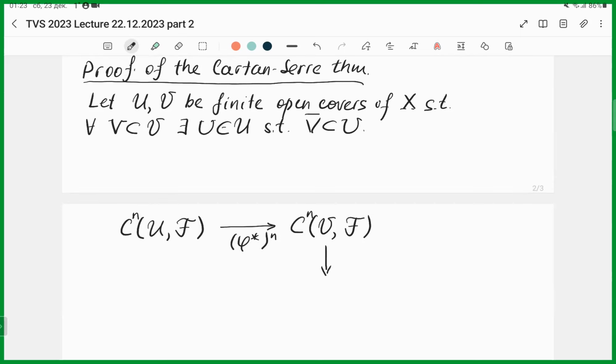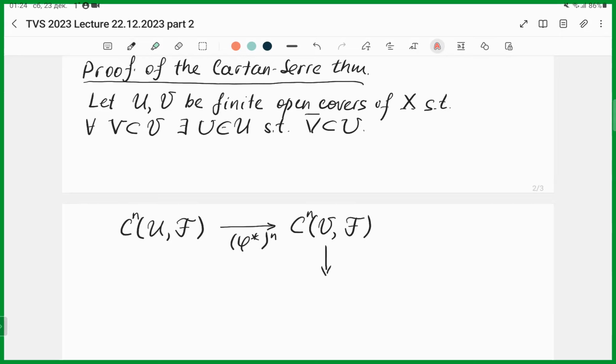First, we take an arbitrary open cover U, and choose another open cover V satisfying this condition. This is just a topological argument. And finally, we observe that since X is compact, we can choose finite subcovers, and this is exactly what we want here. So such covers U and V always exist.